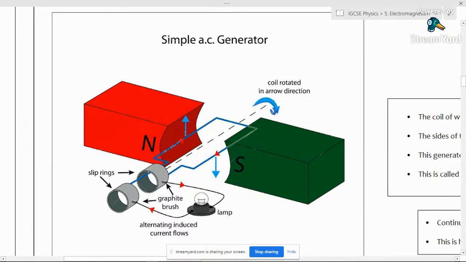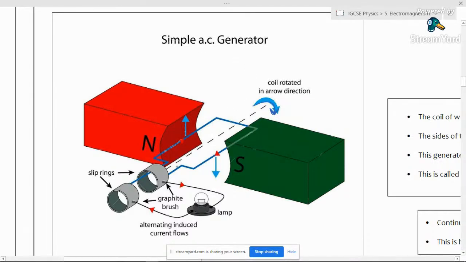Something is going to have to make it spin, whether it's the wind or a hand crank. You could use your arm, or it could be a turbine in a coal-fired power station or a nuclear power station. Something has to be turning that coil.